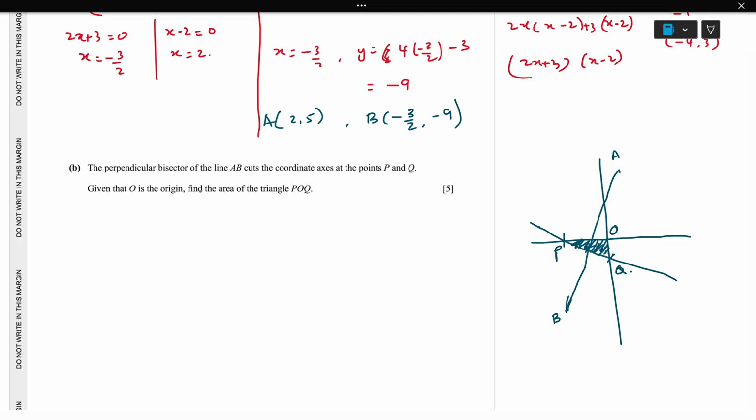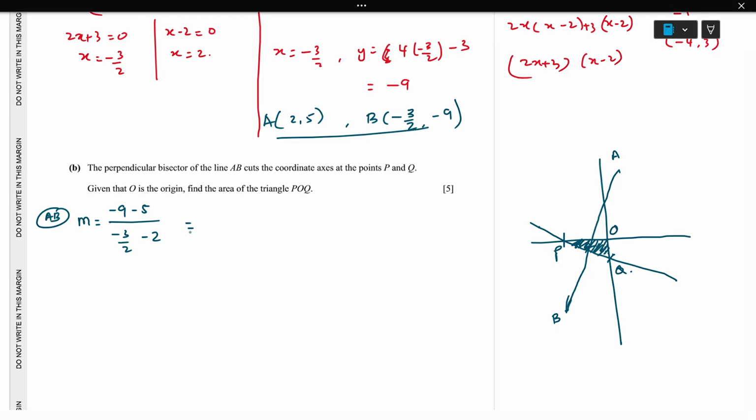Perpendicular bisector of AB. We already know the A and B values. First I'll find the gradient of AB. The gradient is change of y over change of x. Change of y is minus 9 minus 5 over change of x, minus 3 by 2 minus 2.